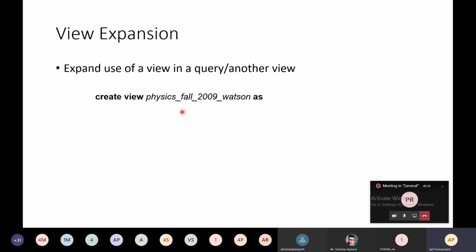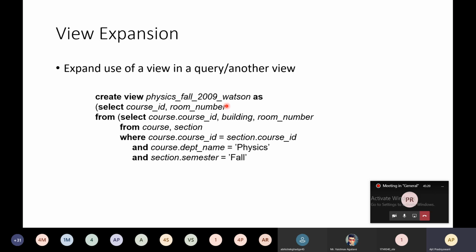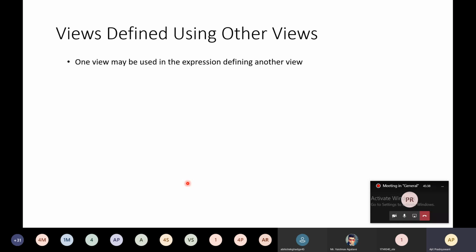So create the view Physics Fall 2009 Watson as select course ID, room number from this subquery where building is equal to Watson. So this is the expansion of the view. One view may be used in the expression defining another view.